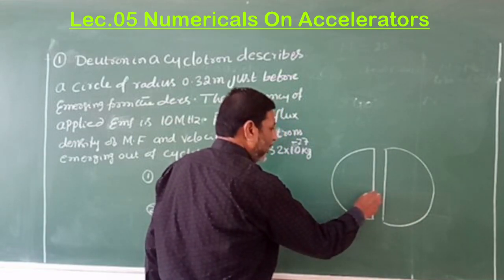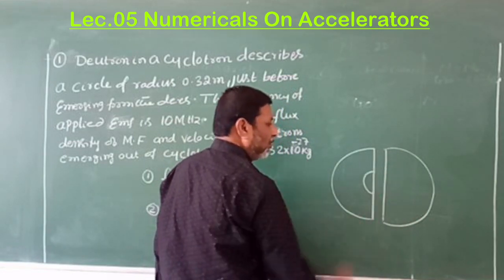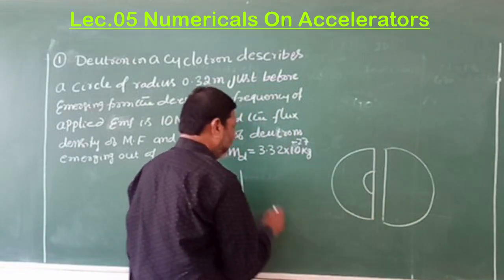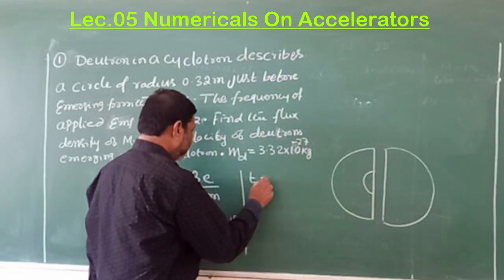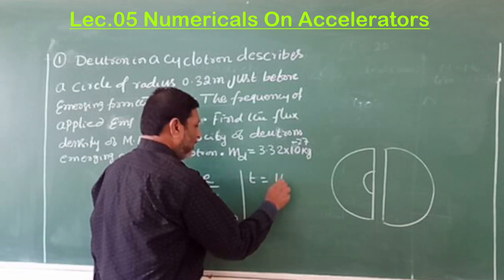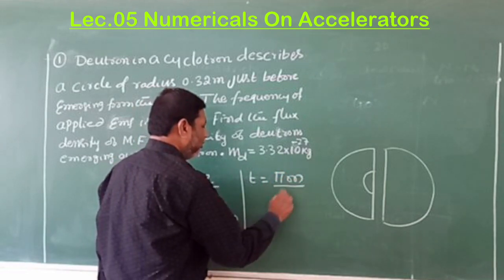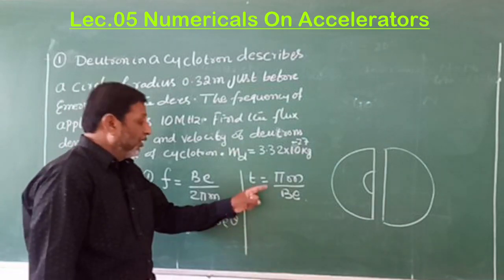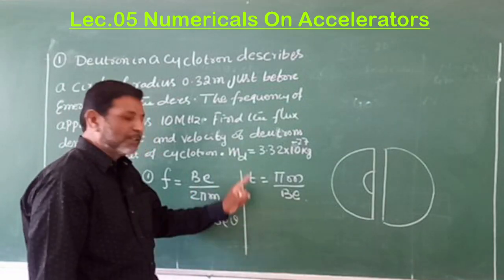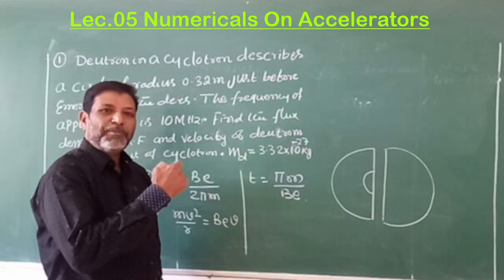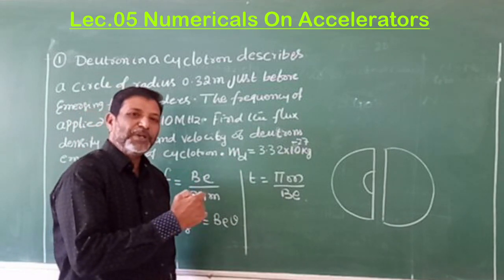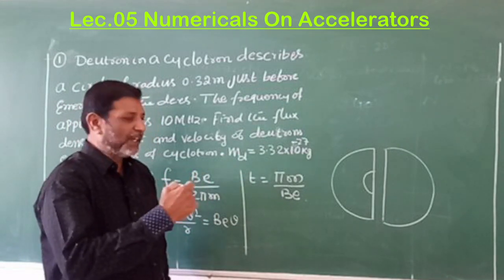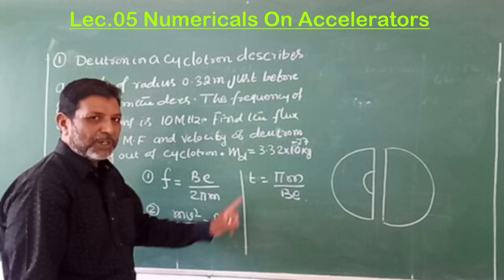Then the time taken to travel the semicircle is pi m divided by BE. If you remember these three formulas, then the problems concerned to this topic you can solve very easily. These are the most useful formulas.